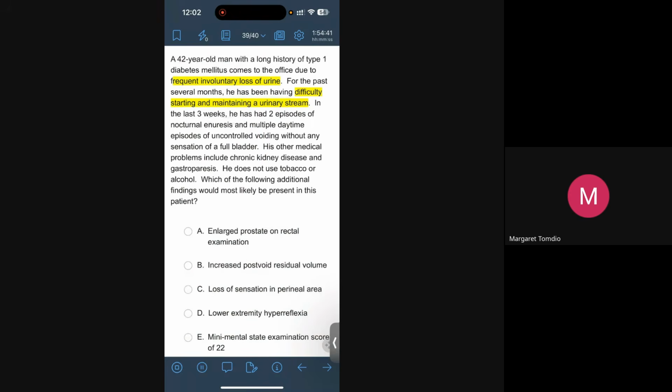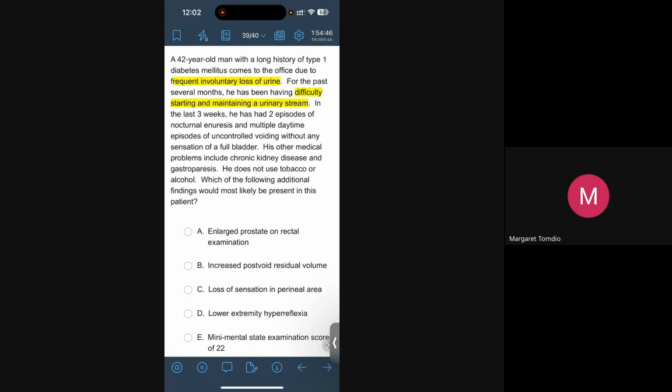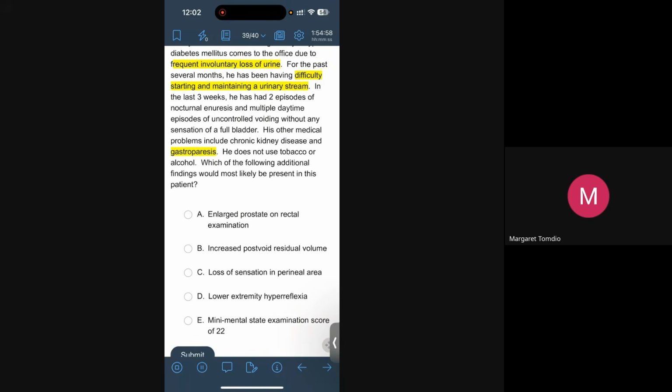His other medical problems include CKD and gastroparesis. He does not use tobacco or alcohol. Which additional findings are most likely to be present in this patient?